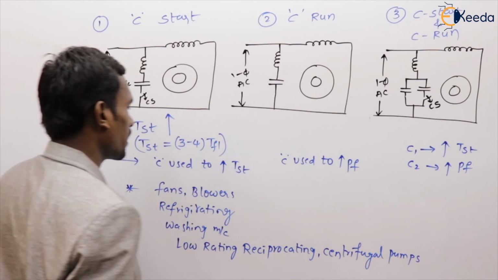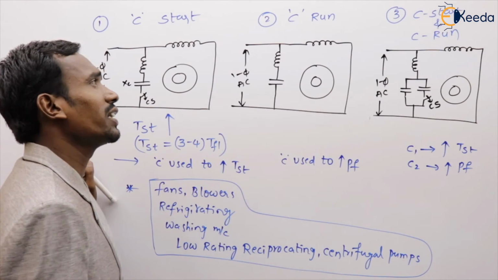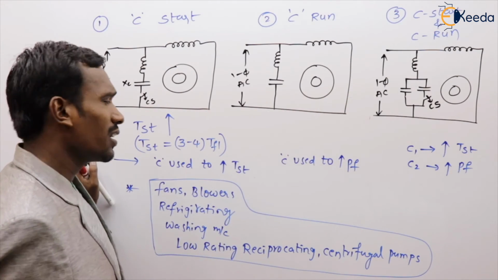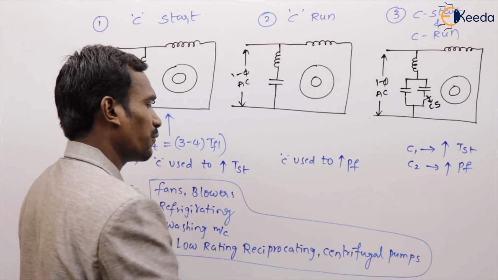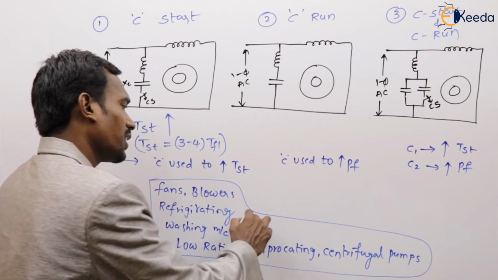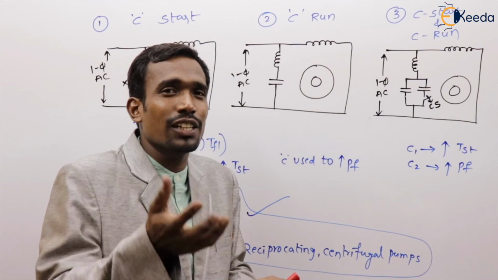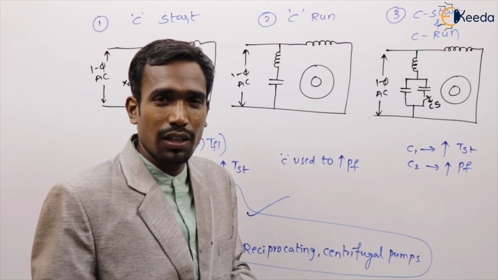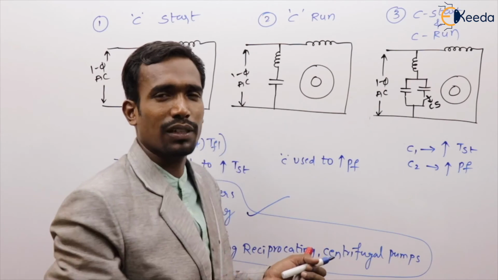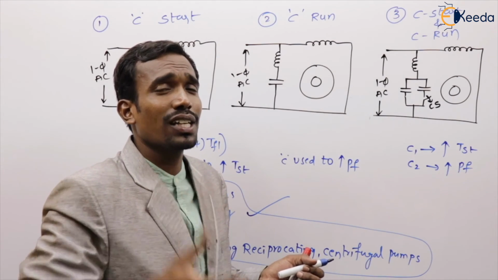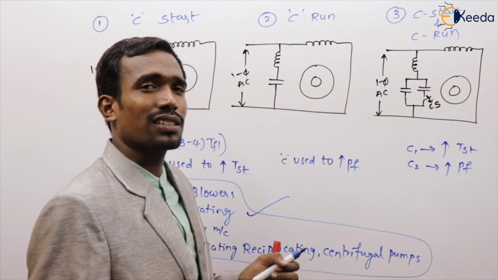These are the applications of single phase induction motors, capacitor start or capacitor run etc. Generally these are small 1 HP motors used for domestic applications, like water pumps to sump water up to a building, small low rating reciprocating pumps and centrifugal pumps.